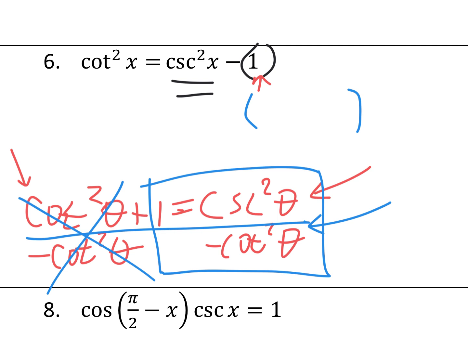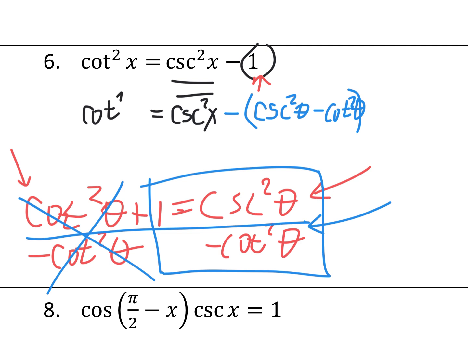Parentheses are huge in this unit, by the way, people. Because otherwise, if you don't have that parentheses, the negative will only go on the first thing, and it won't work. And this side I'm just going to leave alone. And look at that.